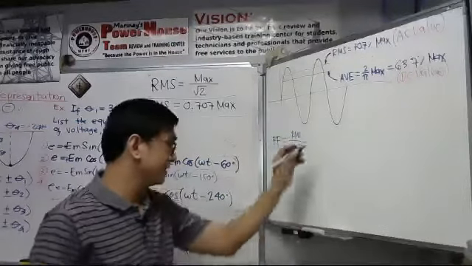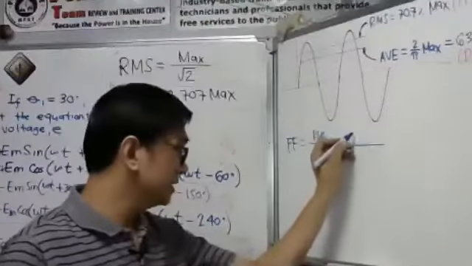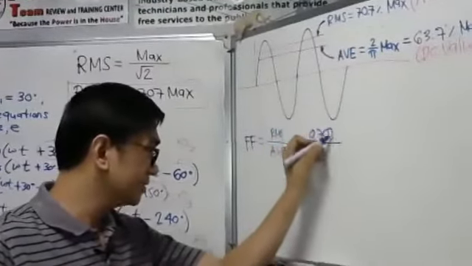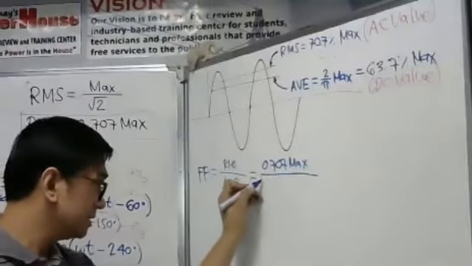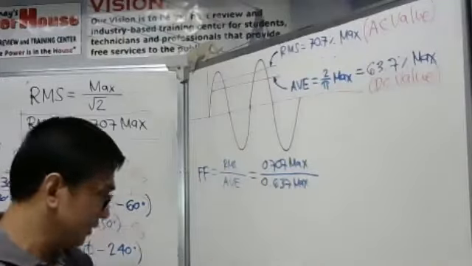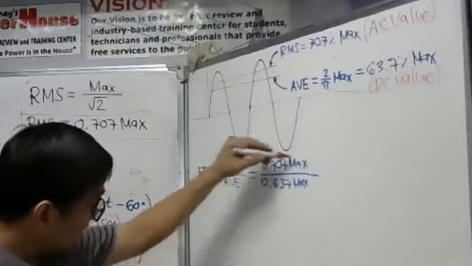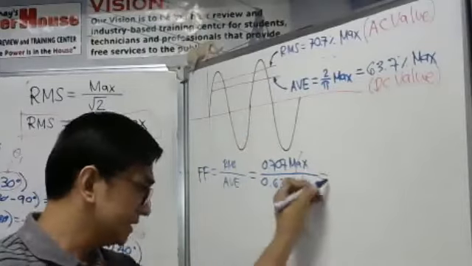I'll just make it FF. For our sine wave, how much is this? The RMS is 0.707 times the maximum value, and the average is 0.637 of the maximum value. So the maximum will cancel out. So how much is this?